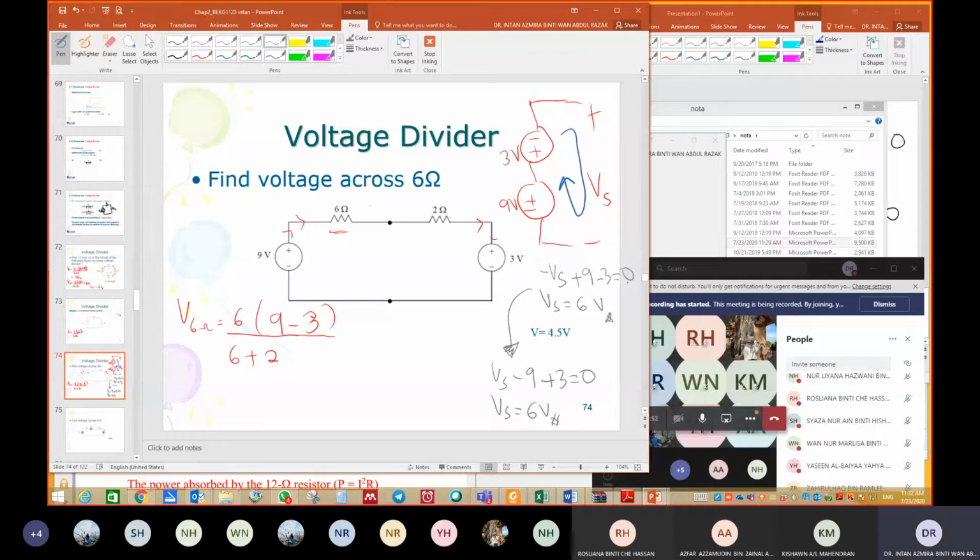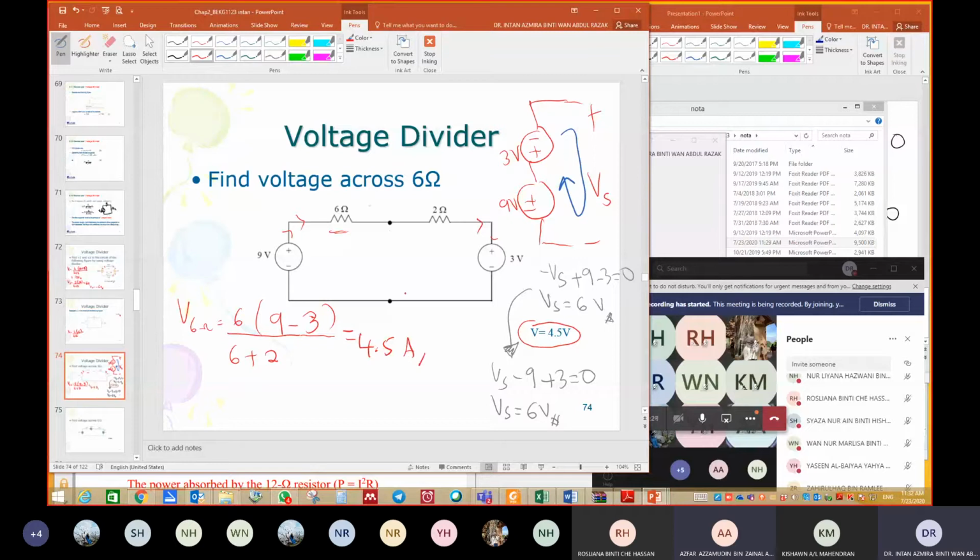In the first calculation I used the second sign, and this is the first sign, and current flows through here. Up to you. Now can you understand why we do 9 minus 3? Understand or not? Yes, yes. So this is the answer, 4.5. Did you get the answer?